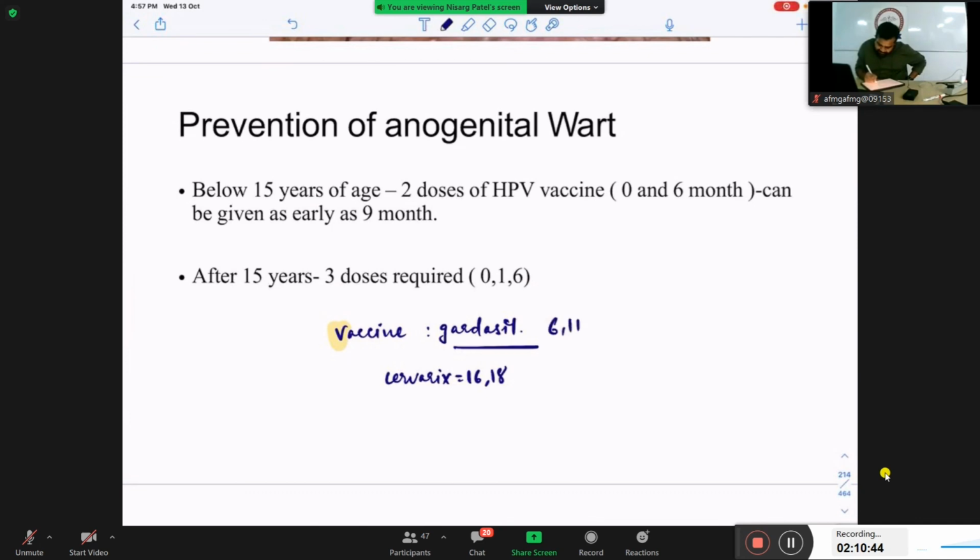Whereas Gardasil also covers 6, 11, 16, 18, 31, 33, 44, 52 and 58. But what you should remember is the all main four causes 6, 11, 16, 18. It is mainly covered by the Gardasil vaccine. So that is why vaccine of choice is Gardasil.